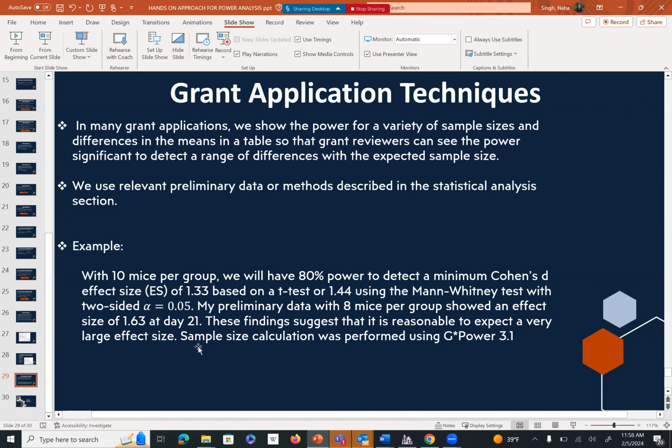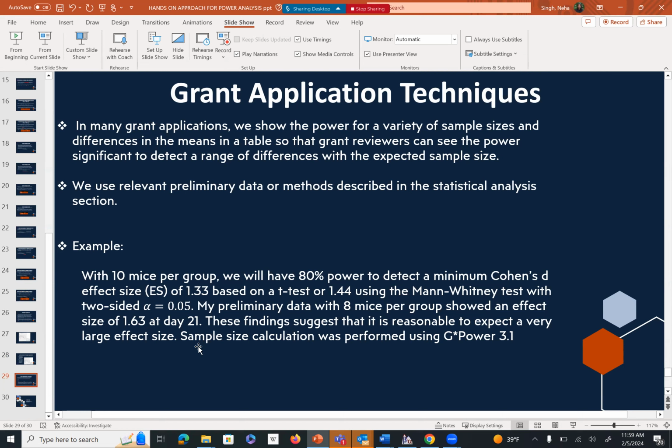expected sample size. And to provide the sample size calculation, you can use preliminary data. So if you already collected data, you can use that information to calculate your sample size based off of it. Or you can also use prior literature as some knowledge. However, if you don't have any of that information, it's based off of clinical relevance.